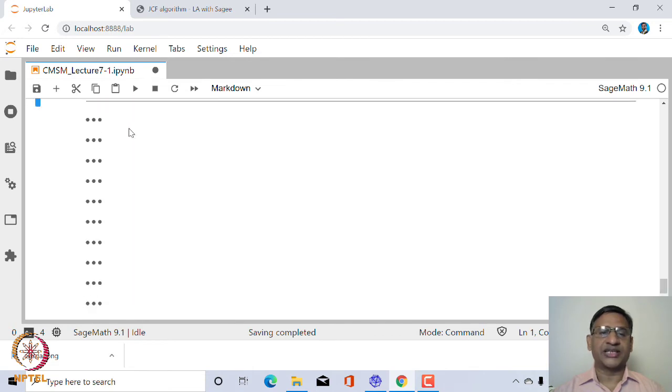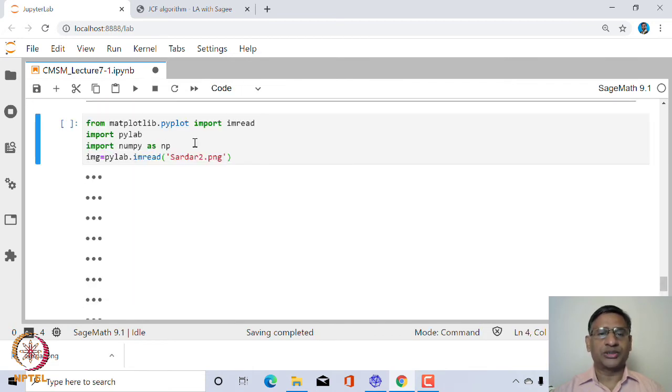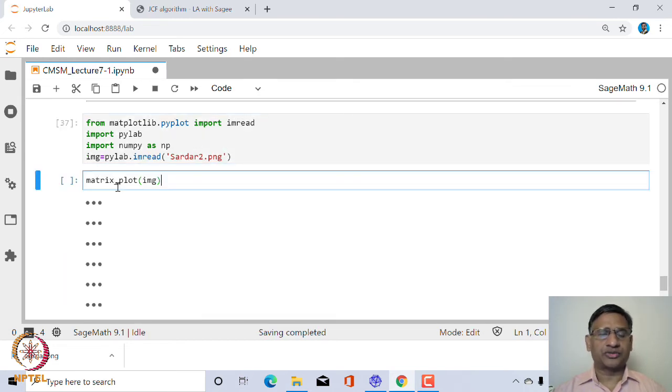So, let us take an example. Let us import an image and plot it. SageMath has a function called matrix_plot, using which you can plot any matrix. What we have done here is actually just a Python command.